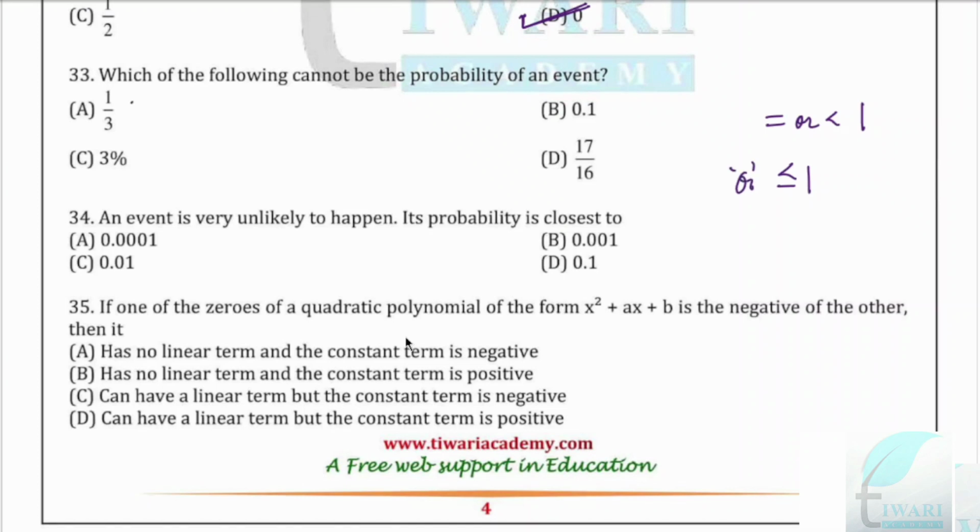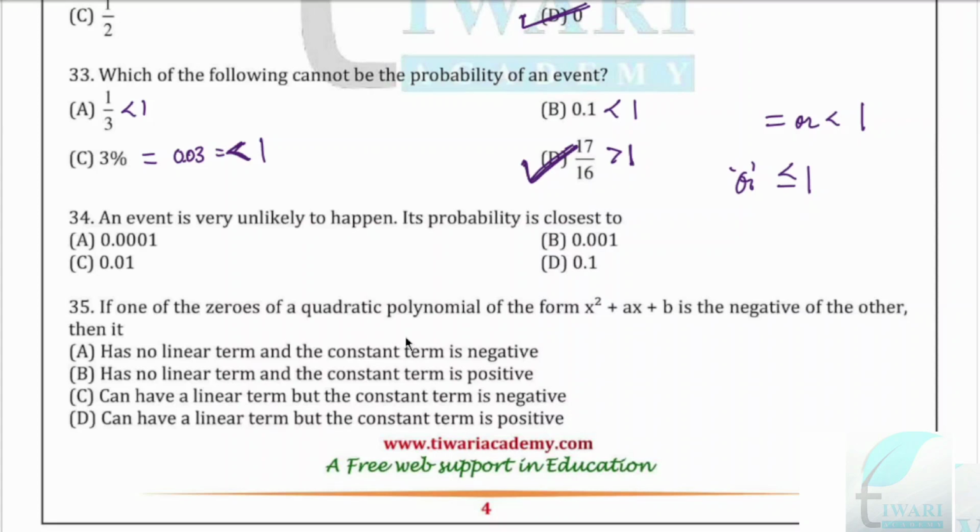So 1 by 3 is less than 1. 0.1 is also less than 1. 3%, which means 0.03, is also less than 1. But 17 by 16 is greater than 1. So D cannot be probability of an event. Option D is right answer.